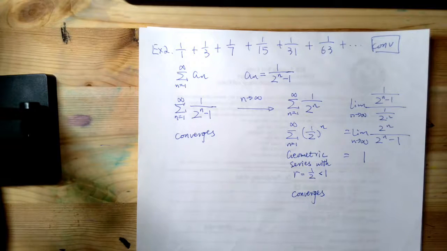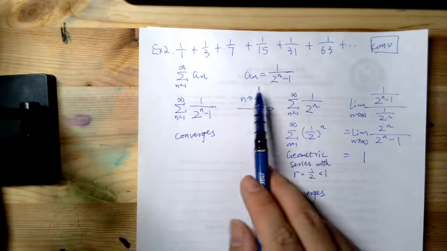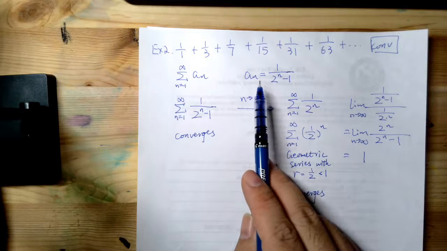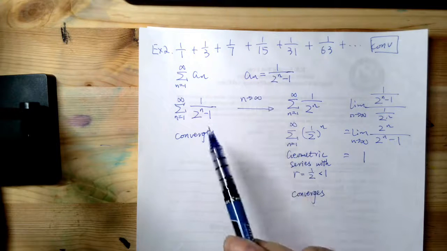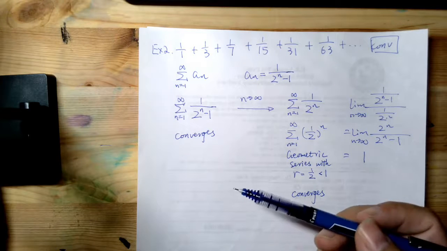So the flow chart here is, anytime you have a series, first of all, write the general expression for a_n, and then on top of that, you start to choose which test you want to use.